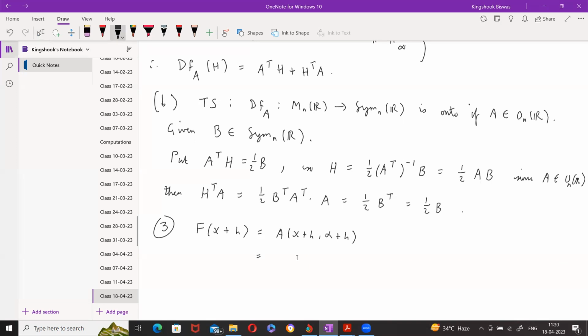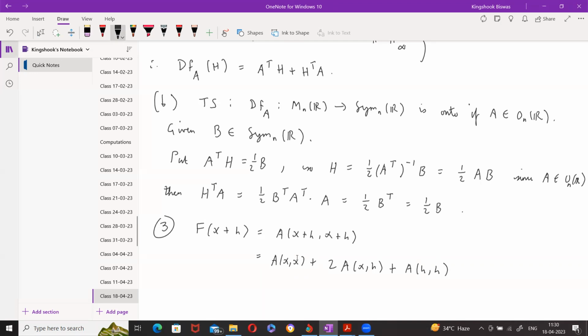So this is A of XX plus twice, by symmetry, A of XH is the same as A of HX. So this is twice A of XH plus A of HH, right?